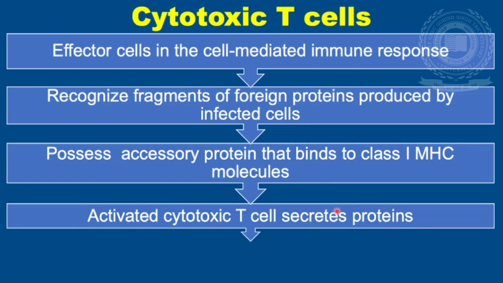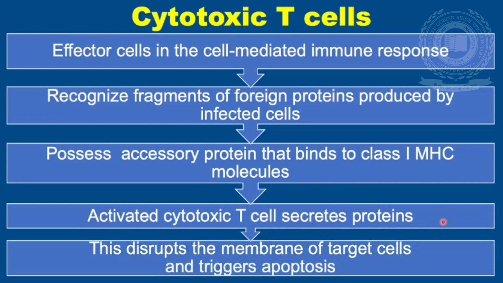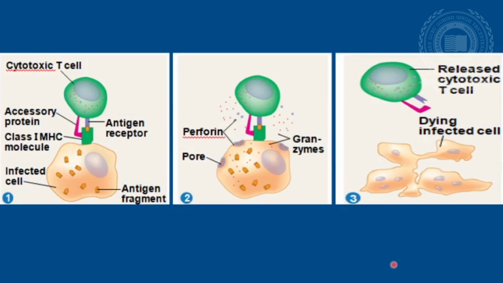The activated cytotoxic T cells secrete proteins that disrupt the membrane of the target cells and trigger apoptosis. So in this way, you can see the cytotoxic T cell recognizes by binding with the class 1 MHC molecule.